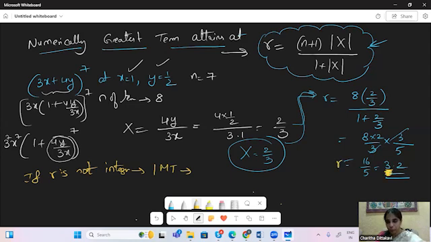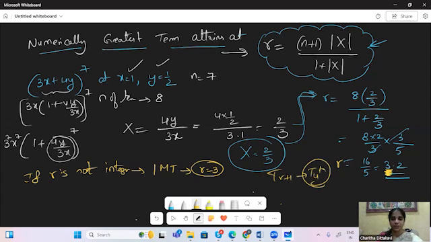So your r is 3.2, which is not an integer. Hence you will just take r equal to 3. This attains at r equal to 3. Clear? Now tell me, when r equal to 3, which term is the numerically greatest term? The general term is T r plus 1, that is T4. The fourth term will be the numerically greatest term, not the third term.